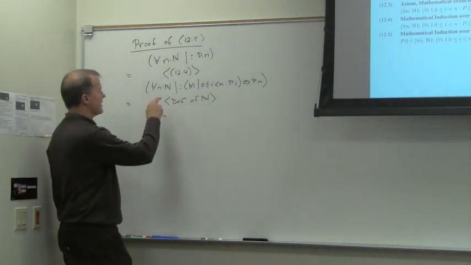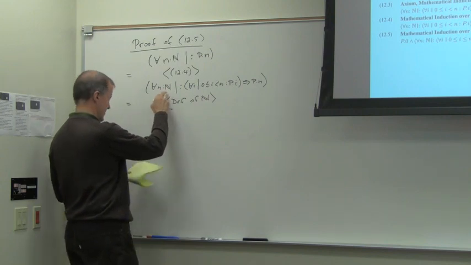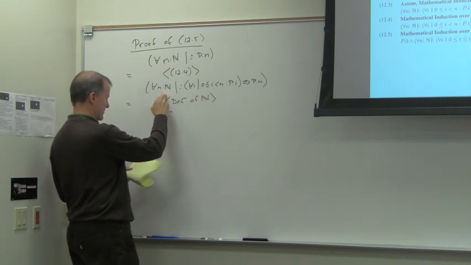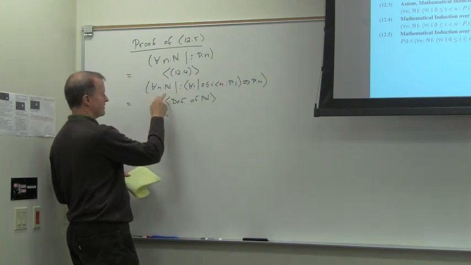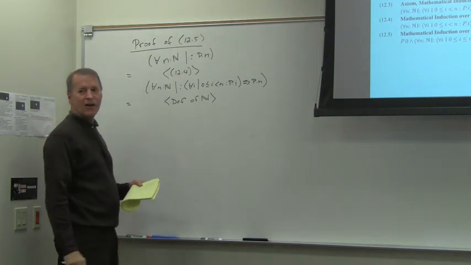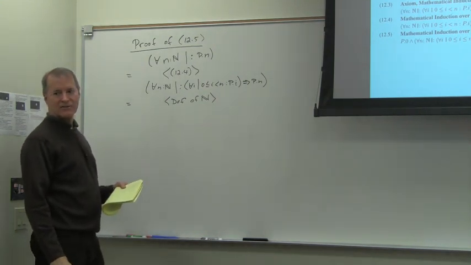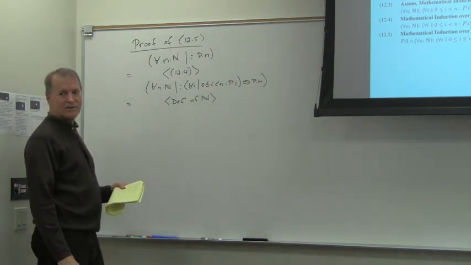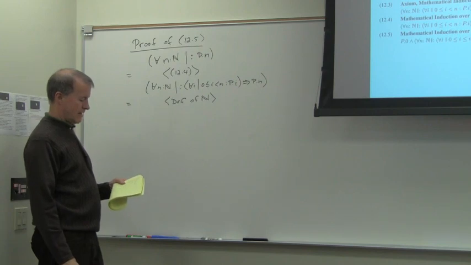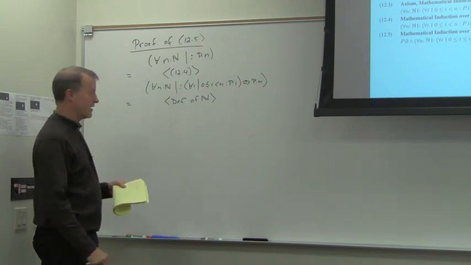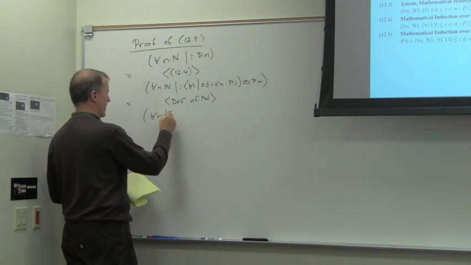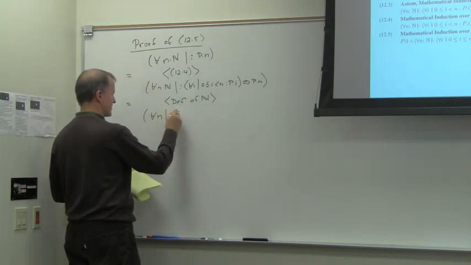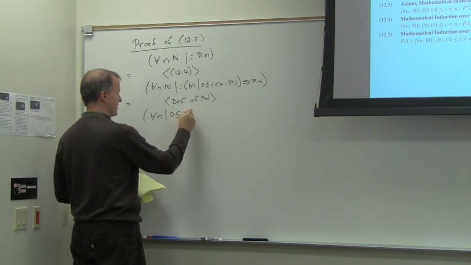So instead of writing this as a natural number, for all n we want to put that into the range: 0 is less than or equal to n. So this is going to be for all n, range 0 is less than or equal to n.